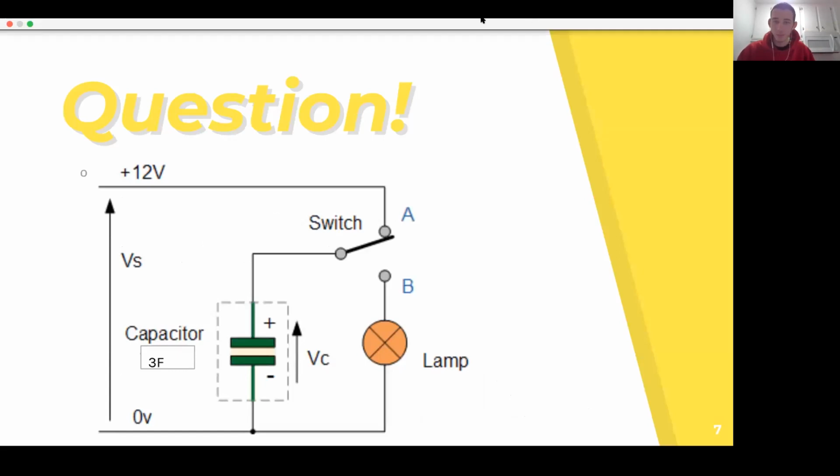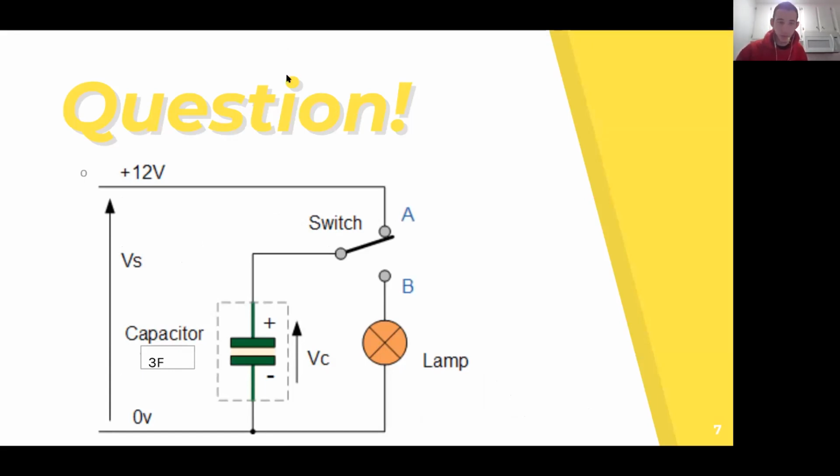All right, now we are going to do a couple of poll questions. The first one: let's say we have this circuit here, and on the left it shows a 12-volt difference, so you can imagine a 12-volt battery. The first question asks, if we switch it into position A, what is the voltage across the capacitor after a very long time?